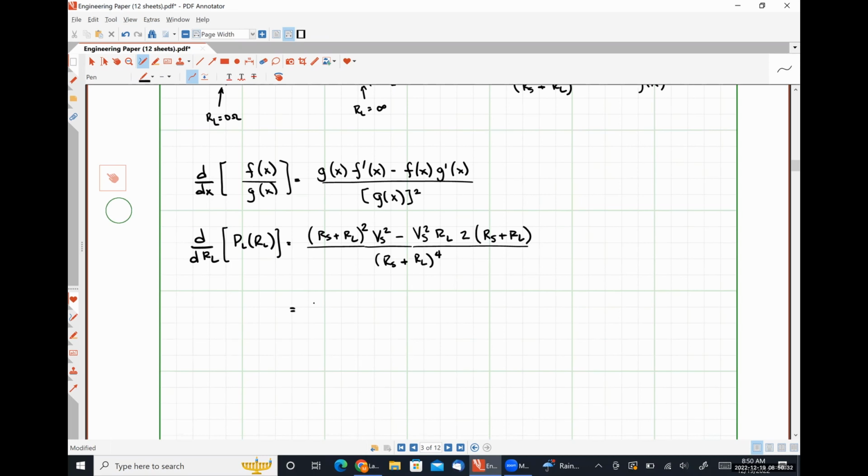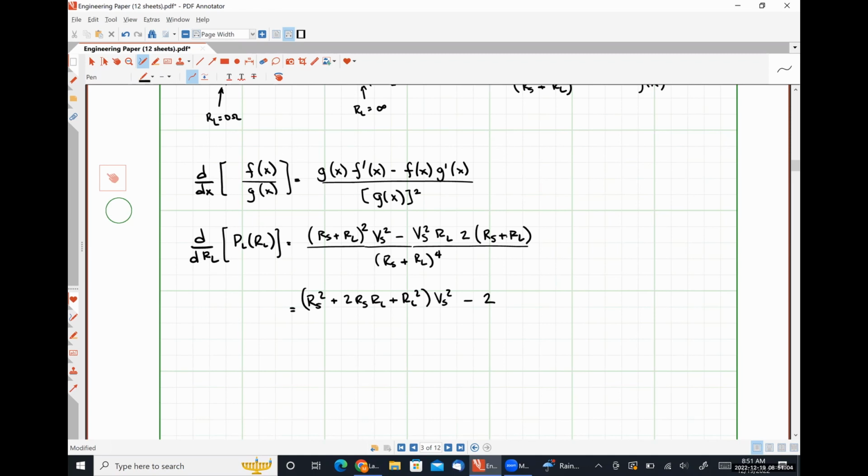So let's play around with some things here. RS plus RL squared is going to look like RS squared plus twice RS RL plus RL squared. All of that will be multiplied by VS squared. Did I expand that out correctly? I think so. And then we are going to have, let's see, minus, so let's throw a 2 out here.